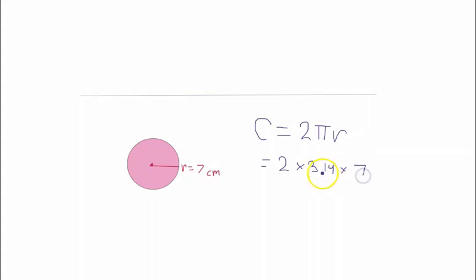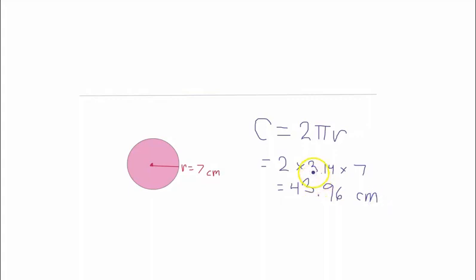And we established that 3.14 is the simplified version of pi that we're going to be using in our equations. So this equation here is equal to, if we use a calculator, 43.96 centimeters.